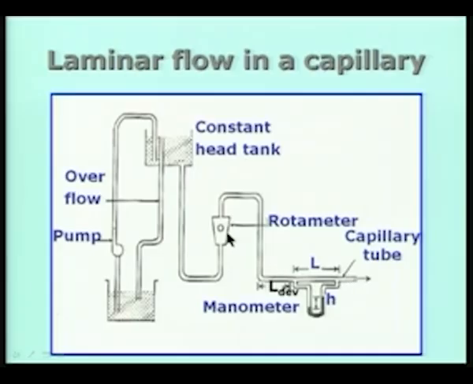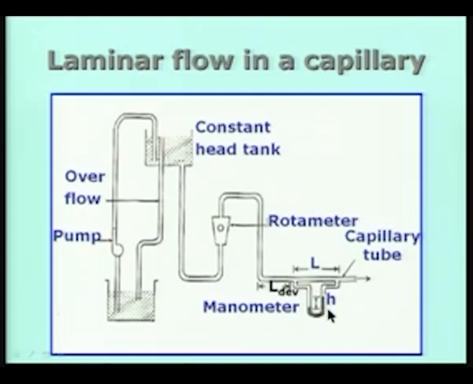So the volumetric flow rate is measured here, or if the volumetric flow rate is very small, as it happens in most applications of this type, you can actually collect the fluid as it comes out in a graduated jar and measure the volume collected over a certain period of time. A very simple and a very accurate method is to collect the fluid in a very accurately graduated jar, and then measure the volume over a certain time interval, which can be measured using a stopwatch.